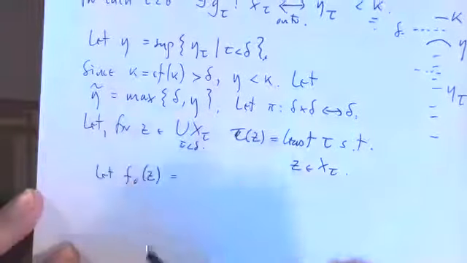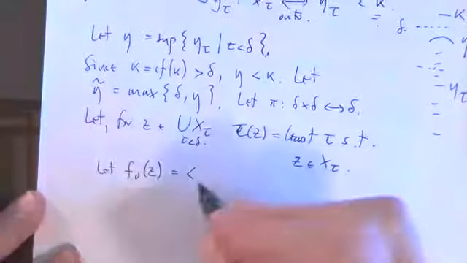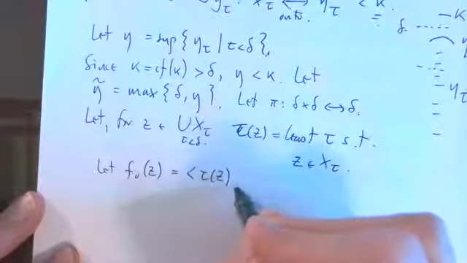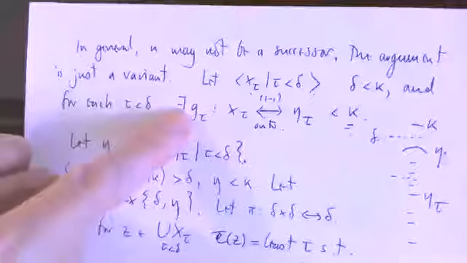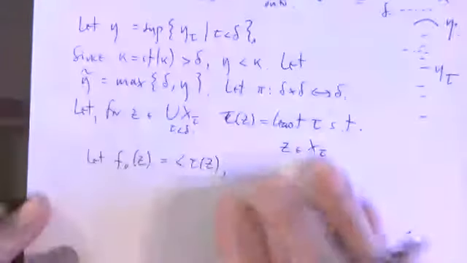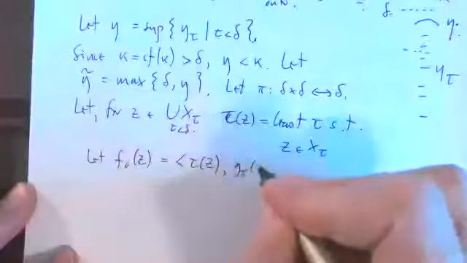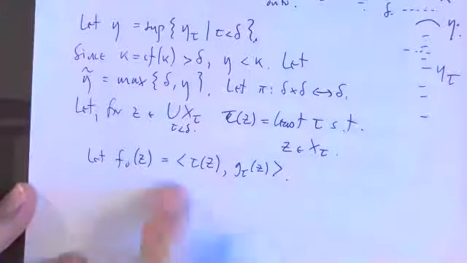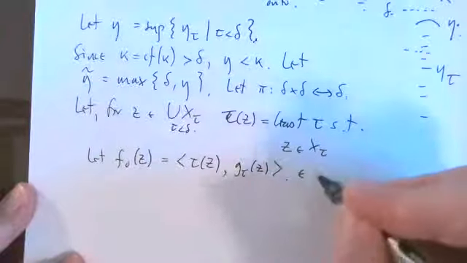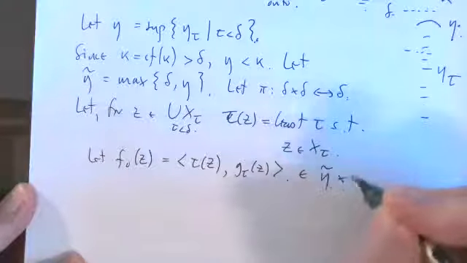We first defined f0 of z as an ordered pair, tau of z, and then where g_tau took z. Like this here. And now where I've got something that is in eta tilde cross eta tilde.